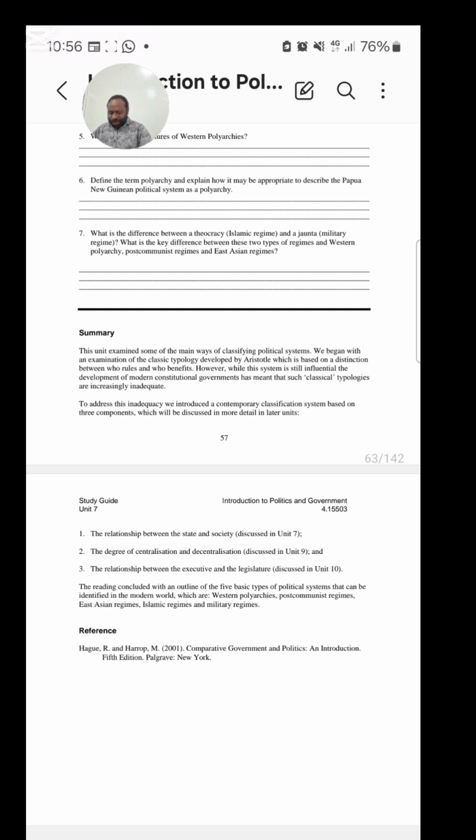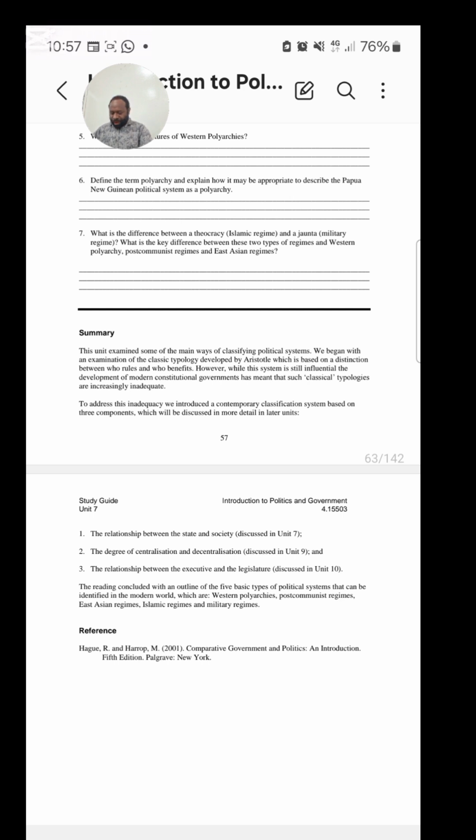So to address this inadequacy, we introduce a contemporary classification system based on three components. These three components are the relationship between the state and society, the degree of centralization and decentralization, and the relationship between the executive and the legislature.